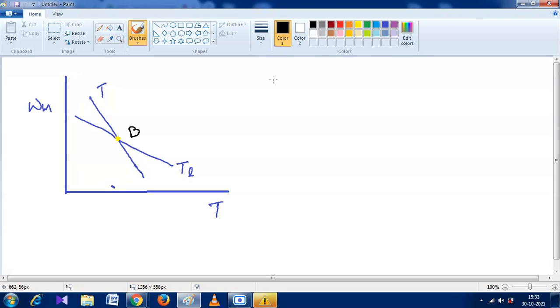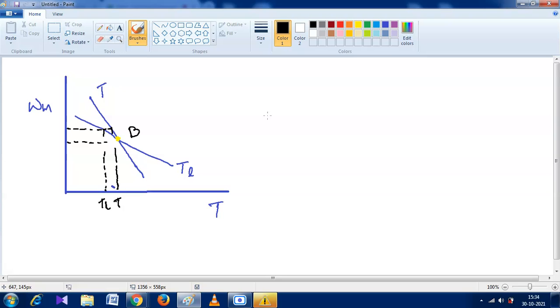The speed will increase or decrease? So we have to first increase the speed. Suppose we are increasing the speed. At that time, the value of torque: this is T actually, and this is TL.